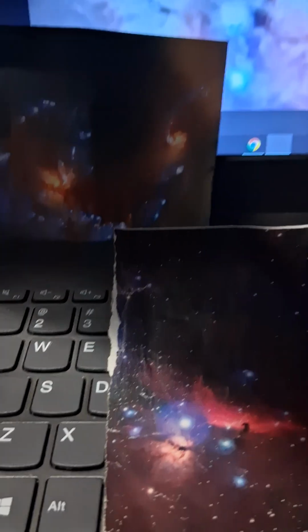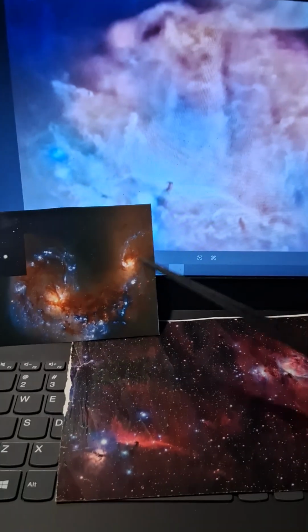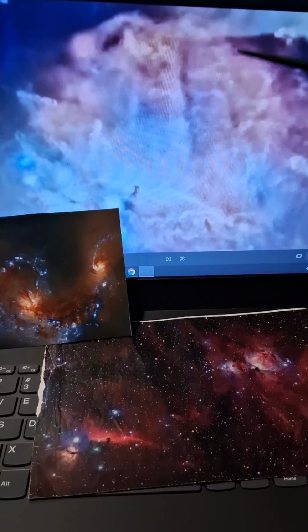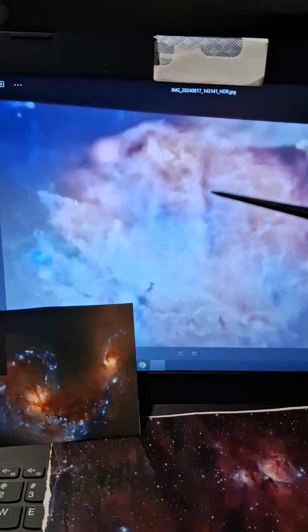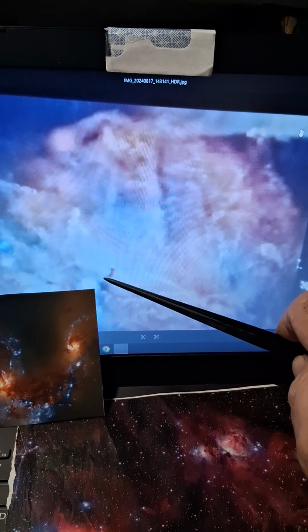You got the same thing in the Antenna Galaxy. There's without the stars. You see the layers that I showed you right here, the layering. There it is in between Orion, Sword Nebula, and the Horsehead.